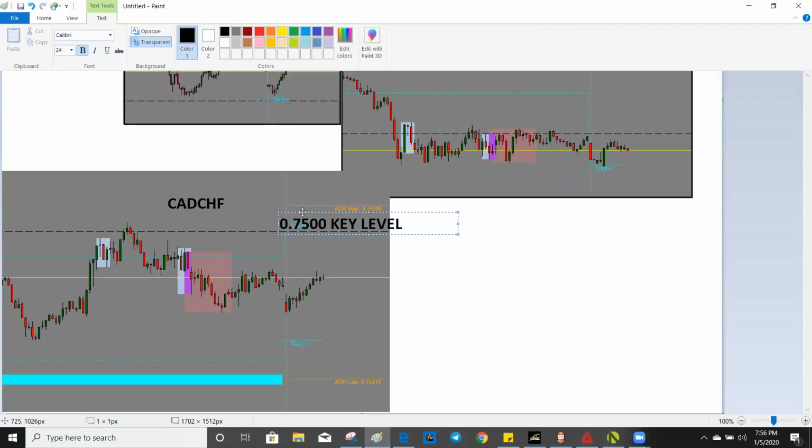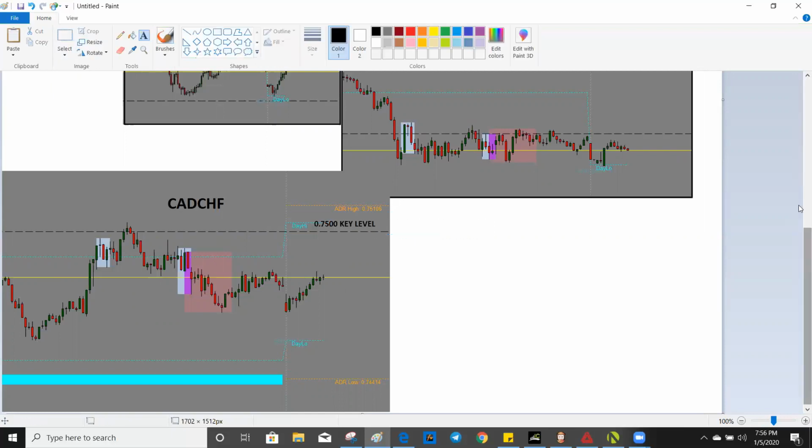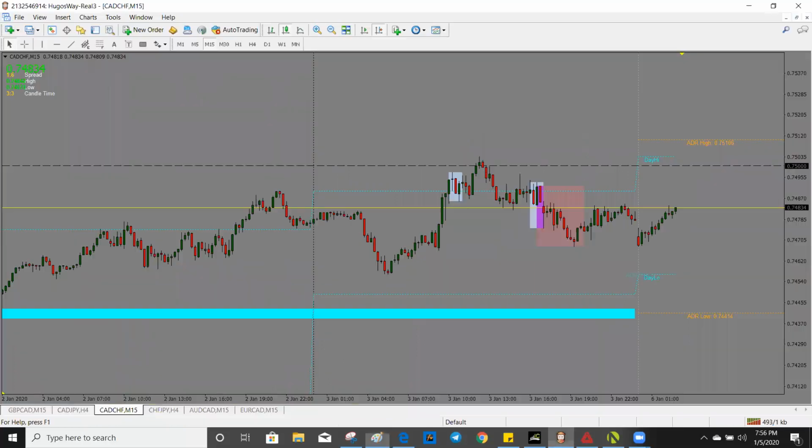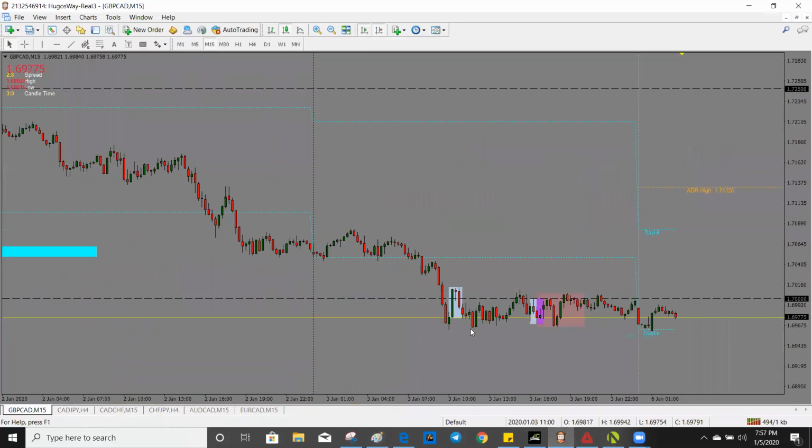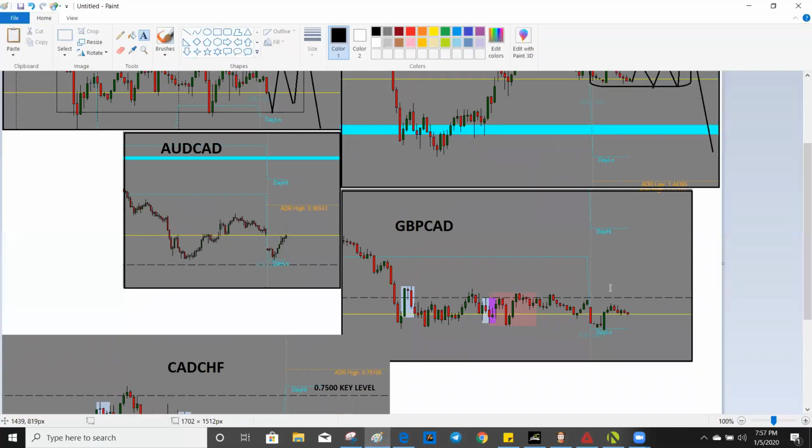Key level. I want to put that down at 12. Don't have to be that big. There. And then you have British pound Canadian, 1.700.